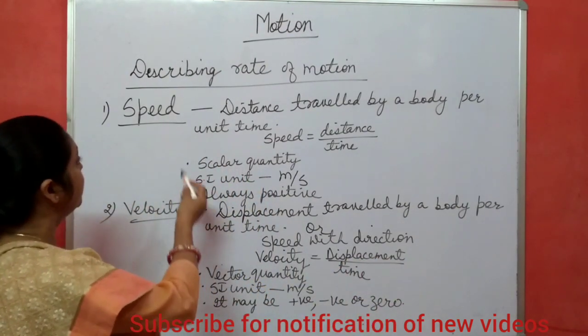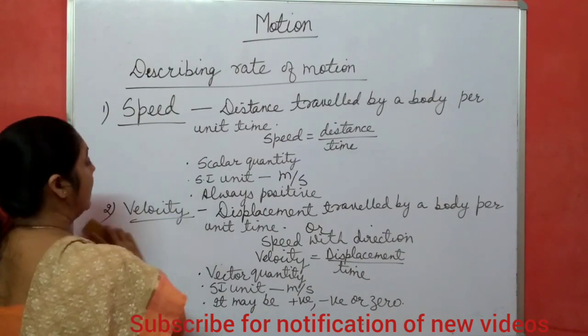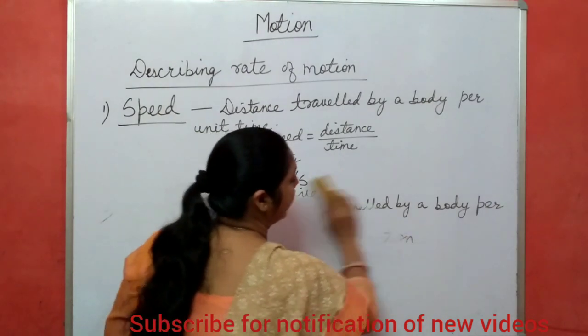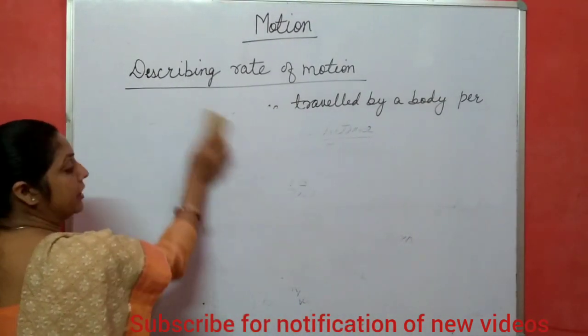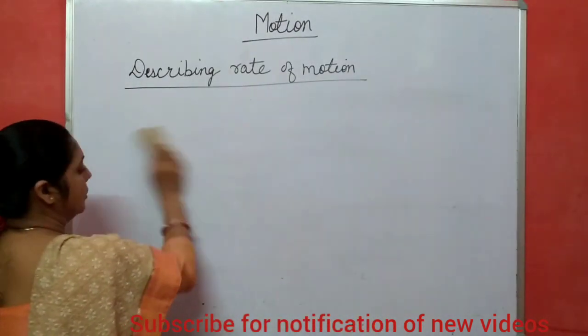So these are two quantities which describe rate of motion. After this, we will discuss types of speed and velocity. But before that, you must know about types of motion, uniform and non-uniform motion.